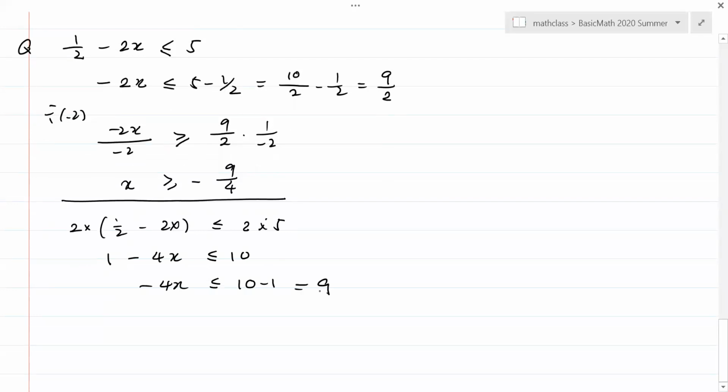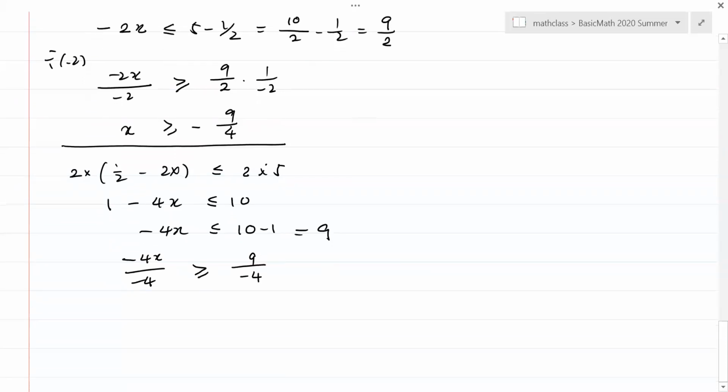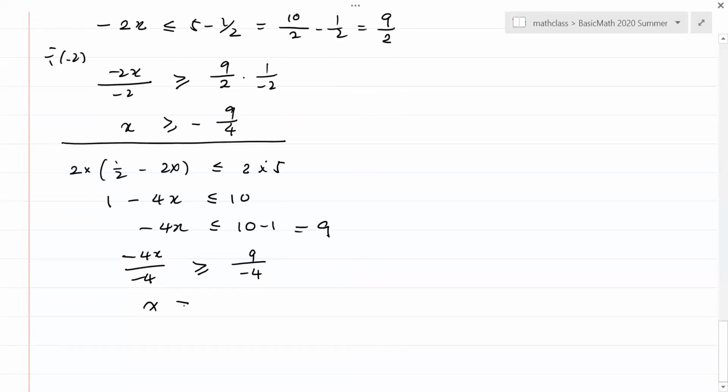Then there's a -4 here, Jessica, right? So when you divide by -4 on both sides, you have to change the direction of the inequality. Okay, so you end up with x greater than or equal to -9 over 4.